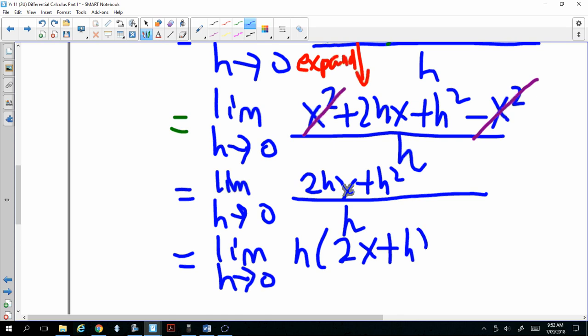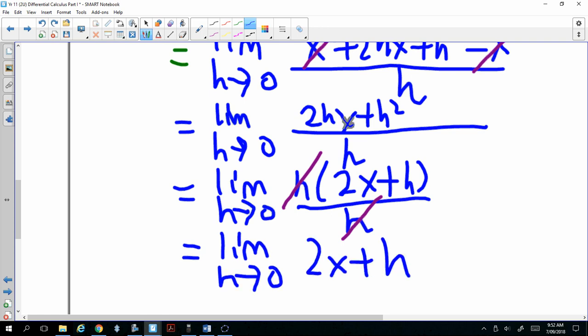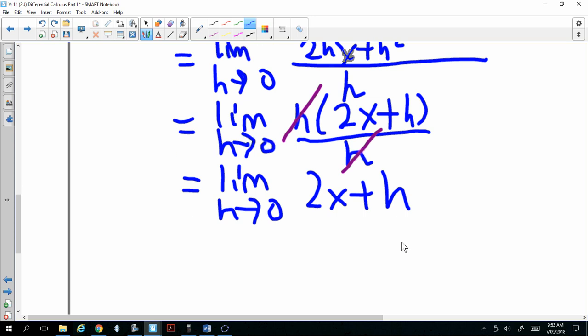And what do you do? Put 0 into h. It's 2x, as expected. That's called differentiation by first principle. Is it hard? Not hard. Is it long? Yes. You have to learn it. We'll do some harder questions.